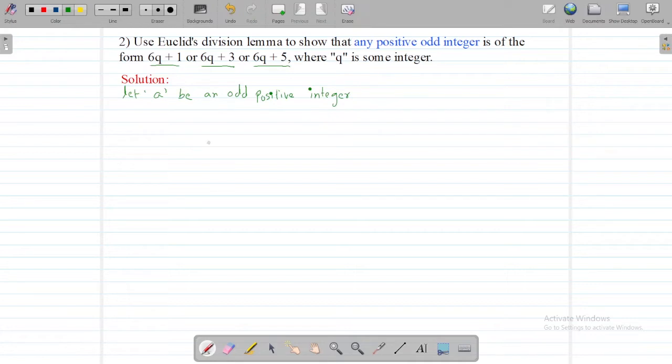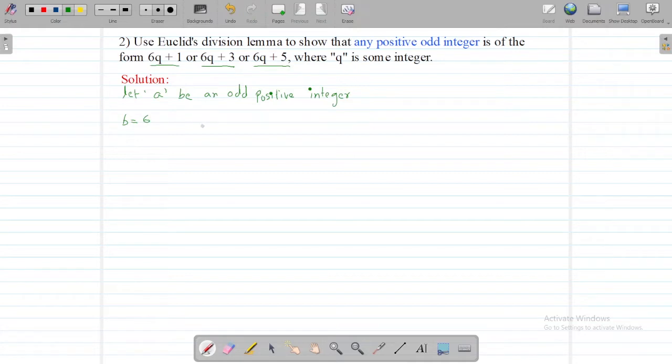So now we will apply division algorithm on a, and we know that here b is equal to 6.